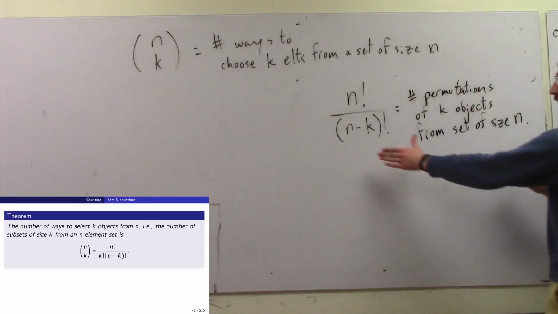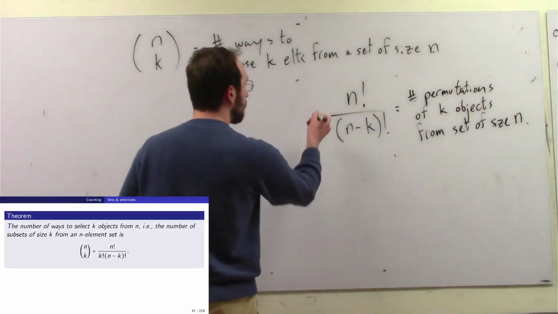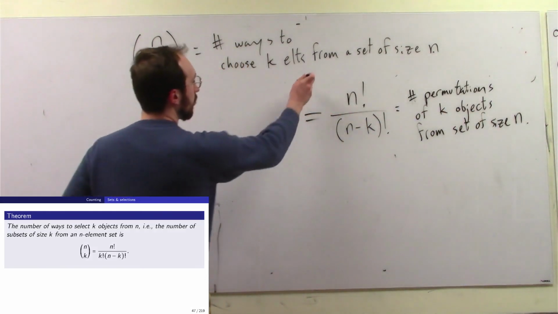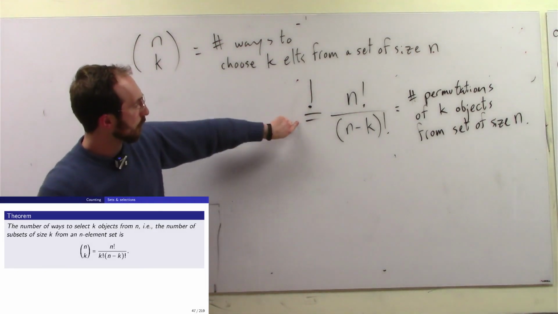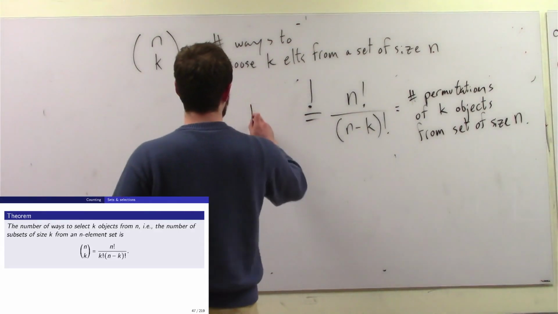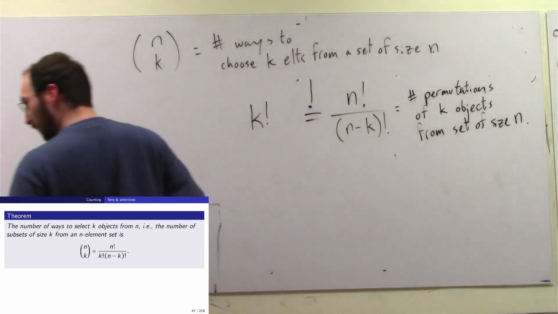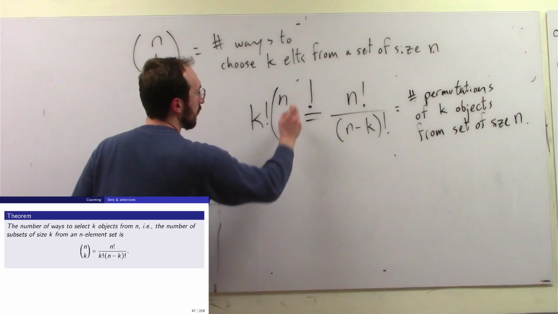Okay, so we've seen this before, which is nice, and now what I want to show, I like to draw this little exclamation mark over the equals, because this is what we want to prove. It's not true until we reason it through: is this k factorial times n choose k?